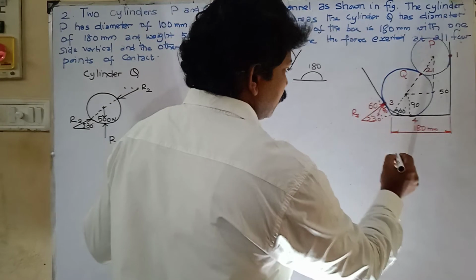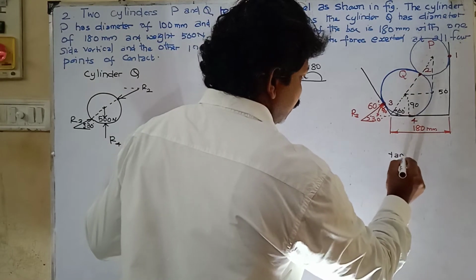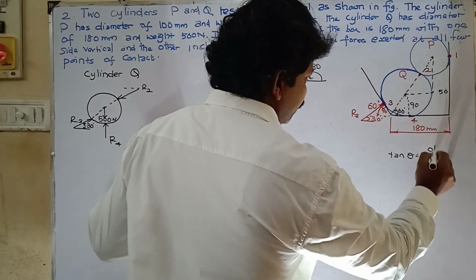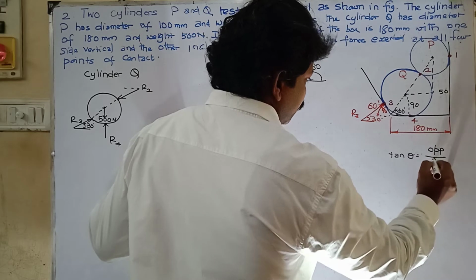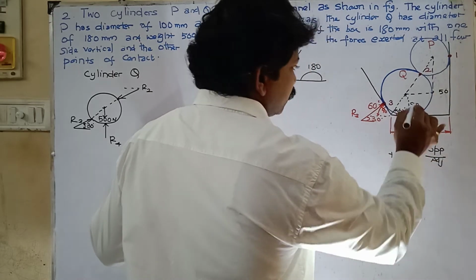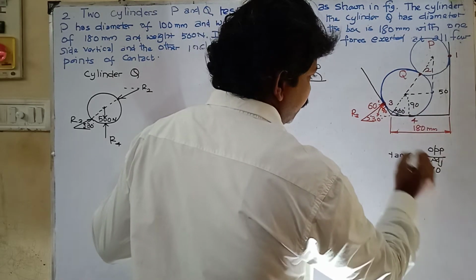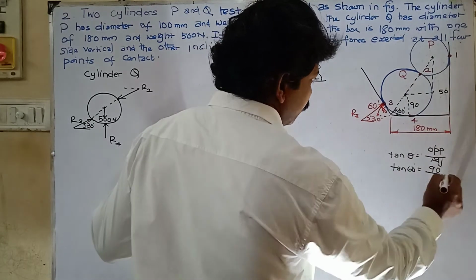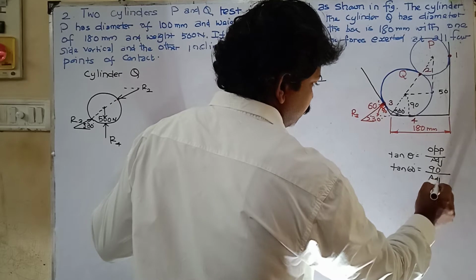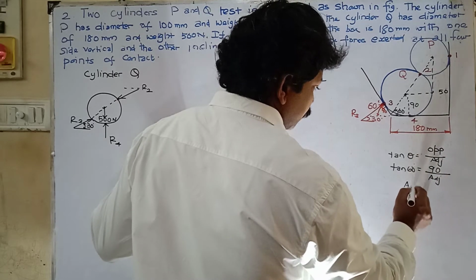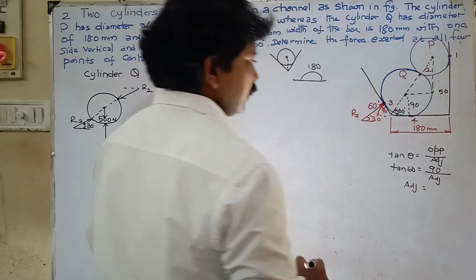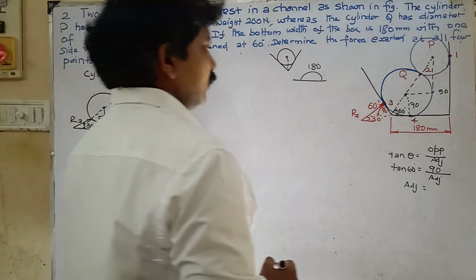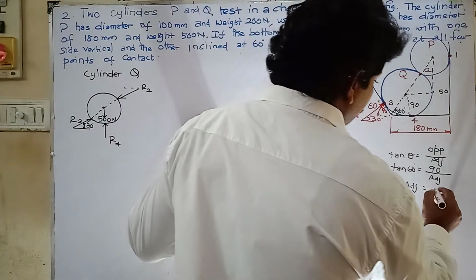So tan theta equals opposite divided by adjacent. Opposite equals 90, theta equals 60 degrees. So tan 60 degrees equals 90 divided by adjacent. From that, adjacent equals 52 mm.